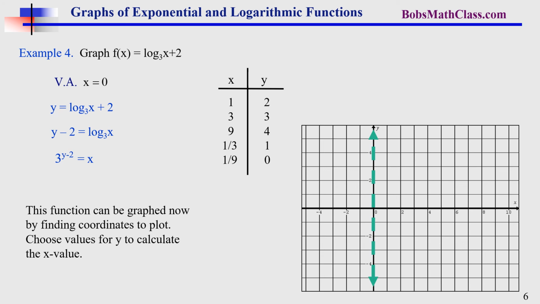Again, if you decide to use your calculator, you're going to have to type it in as f of x equals 3 to the power x minus 2, and your range is from 0 to 4. That's totally fine. Just make sure you put those values for y, and the answers that you get will be the x values. All right, let's plot those points and draw it in. That's it, done.